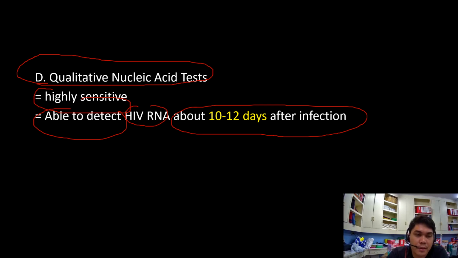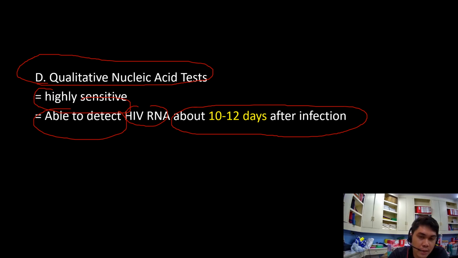The reason you can use nucleic acid testing is that what we are testing is the presence of the RNA. So it's very sensitive. The trend now is to use nucleic acid testing in the diagnosis.